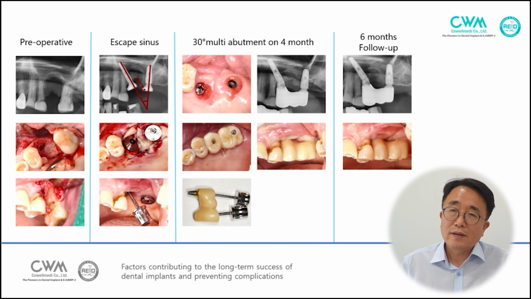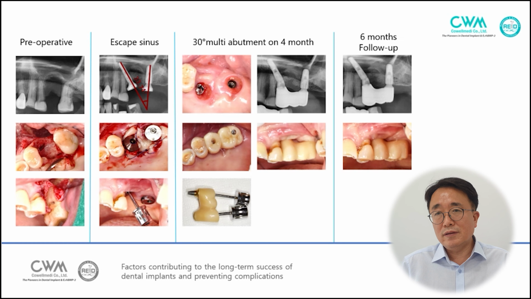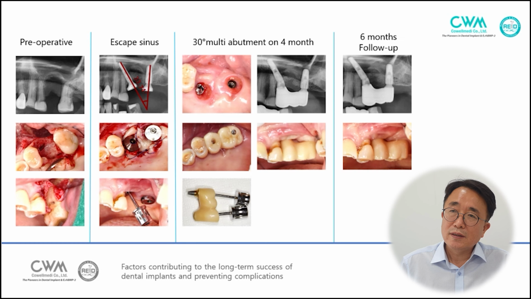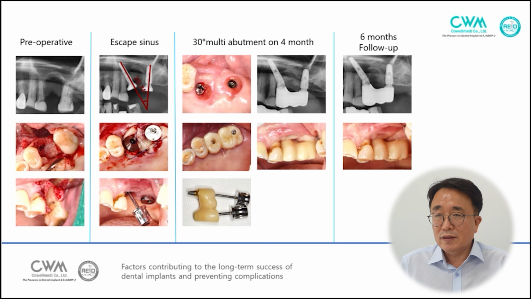So about a 30 degree divergence angle between implants. Change the angle with a 30-degree multi-unit abutment, and we can make parallelism with the 30-degree multi-unit abutment, and then impress it and connect it.